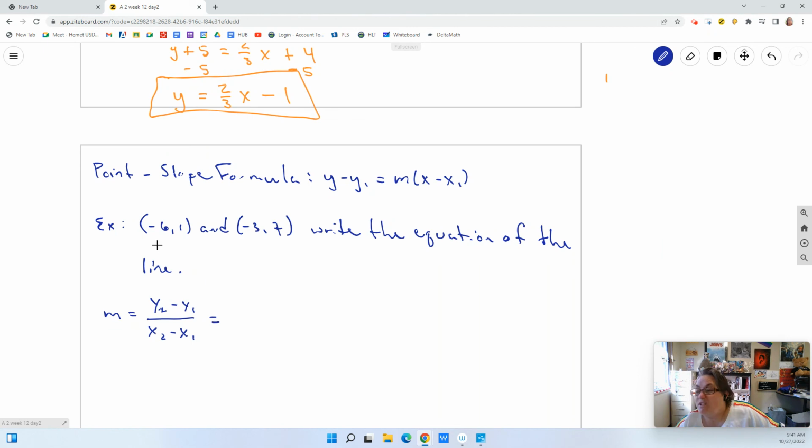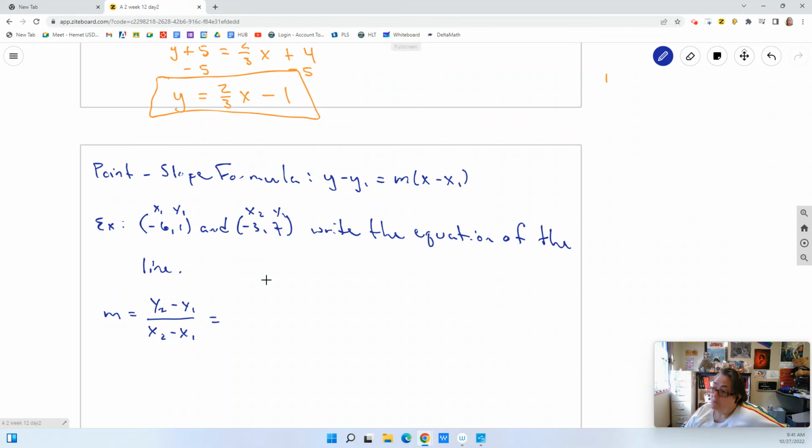Now, which one of these points I call x1, y1 doesn't matter, as long as I make one of them x1, y1 and the other one x2, y2. They're just arbitrary. It's just saying point 1 and point 2 so that we keep those things in order, right?